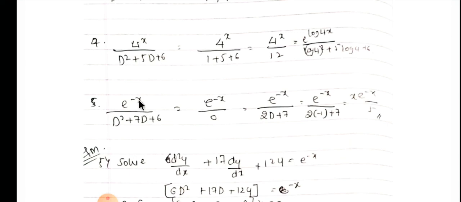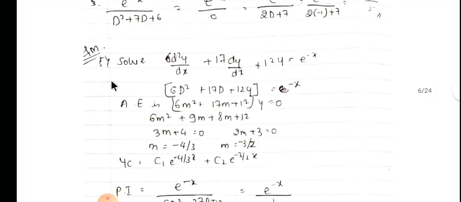This is also the coefficient of x is minus 1, substitute here, and you are going to get f of a as 0, therefore I have to differentiate it once again. While differentiating the first time, the formula is x into e to the power minus x divided by the f dash term. Again in that f dash, you have to substitute d as minus 1, because the coefficient of x is minus 1.